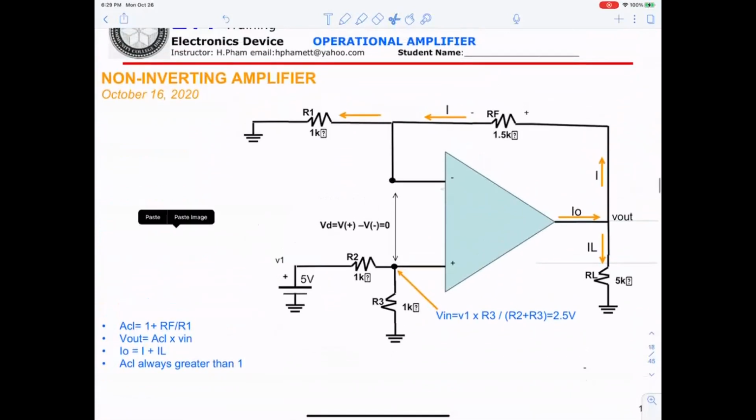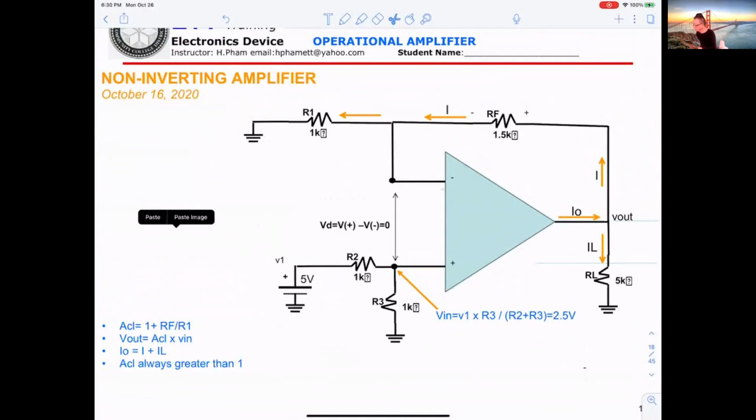Okay, now that will be non-inverting. We recognize non-inverting.